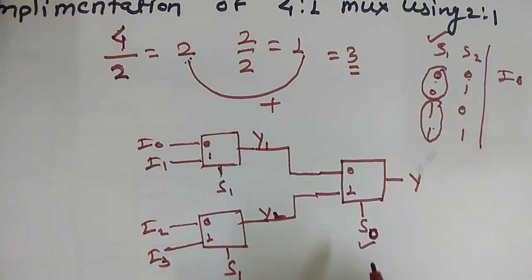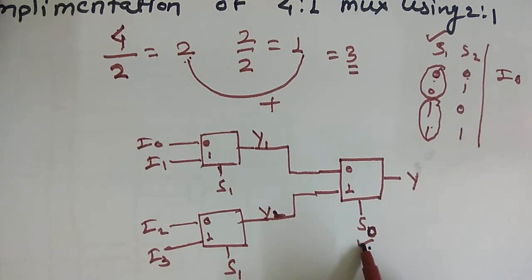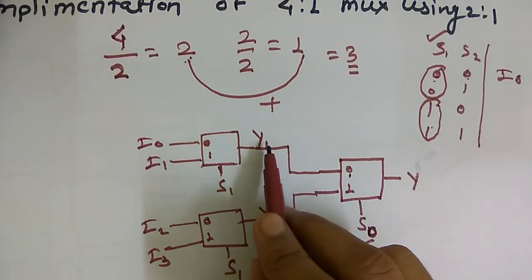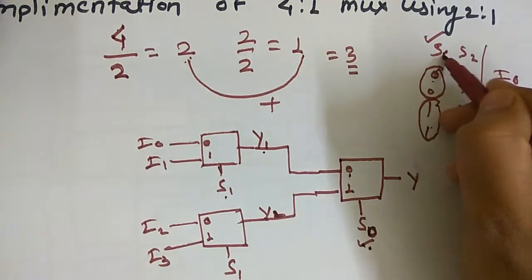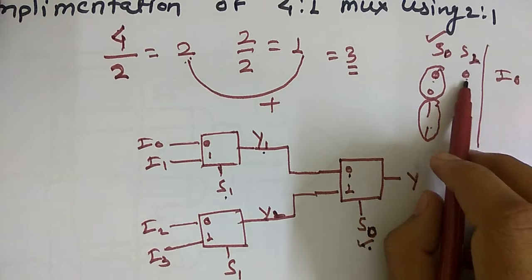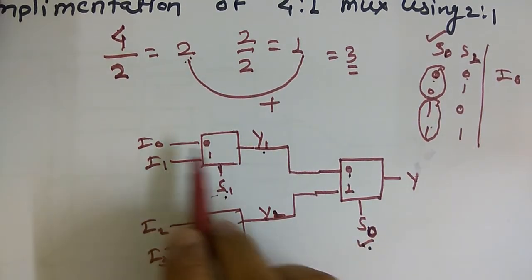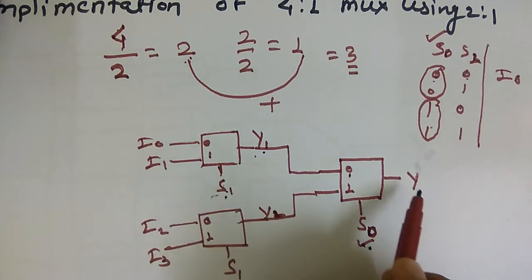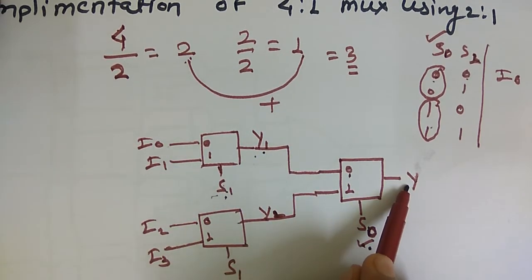So suppose this is the MSB. If this is 0, this goes to this one, and then S1 is taken as 0. So when S1 is 0, we will select I0. So that will be selected by this one, and I0 is directly transferred to Y.